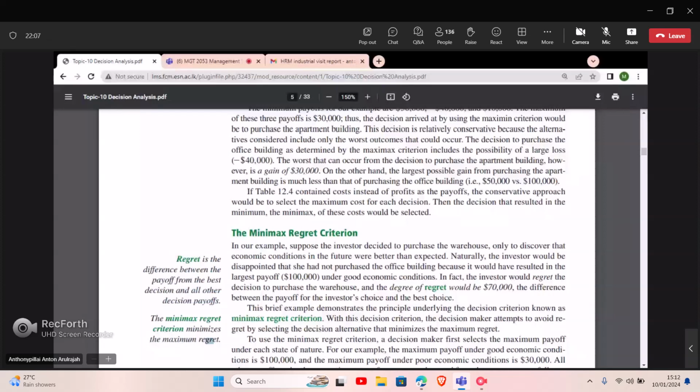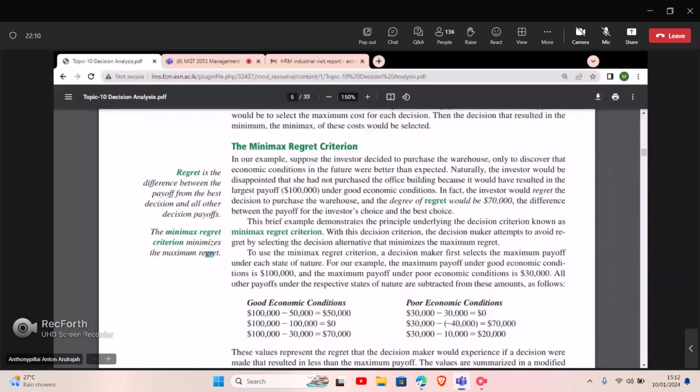Now we will see this for the good economic conditions and poor economic conditions. Regret is the difference between the payoff from the best decision and all other decisions.